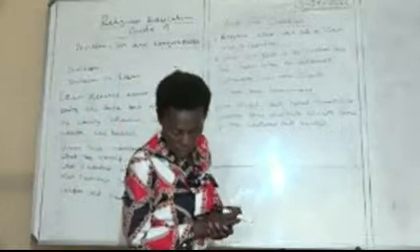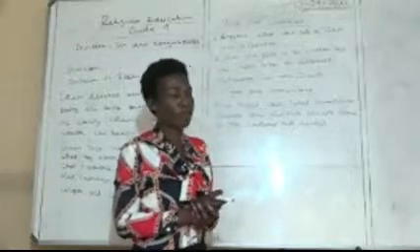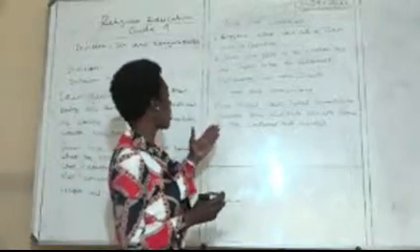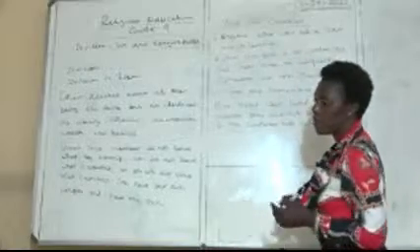The other one is because Samaritans did not worship at the temple in Jerusalem. The Jews were sidelining the Samaritans because they did not worship at the temple in Jerusalem.